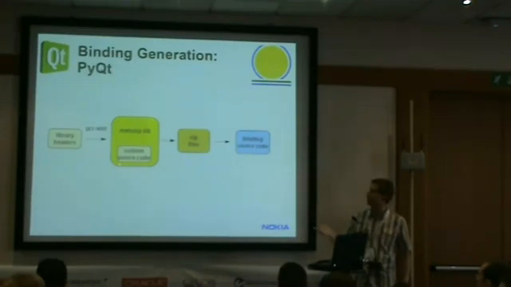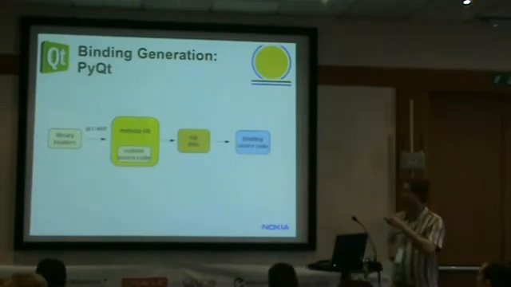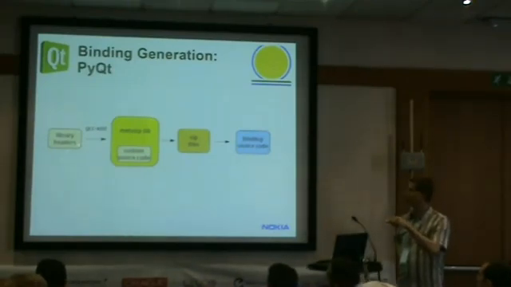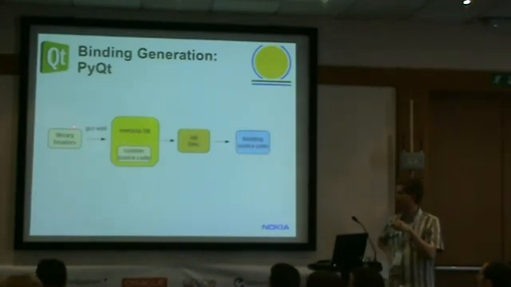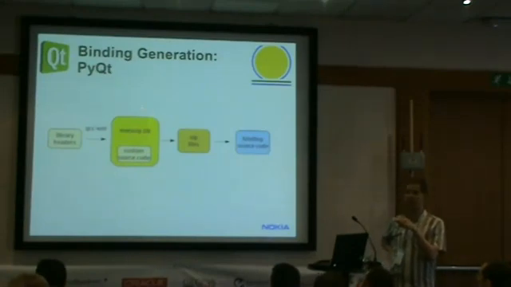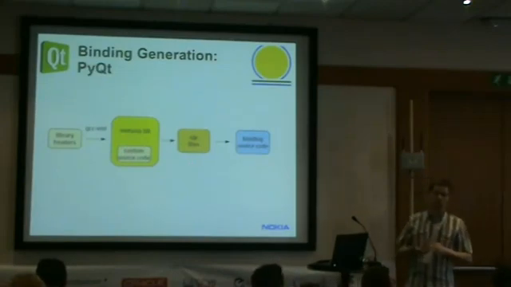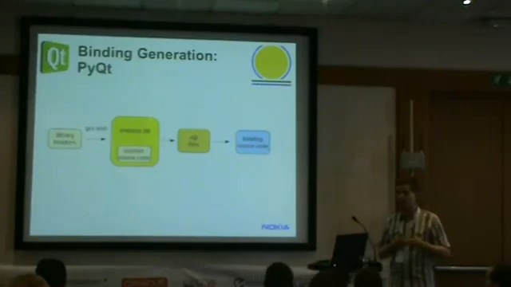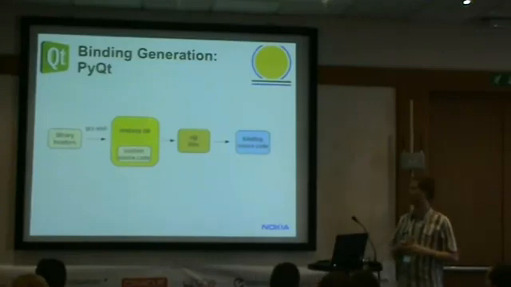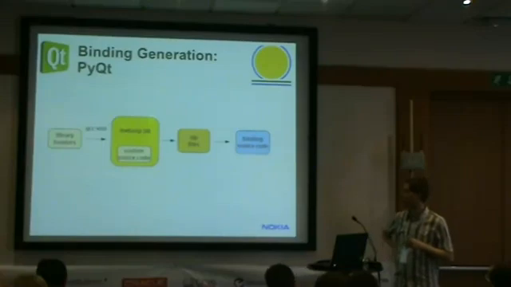It takes in the Qt library headers, processes them with GCC XML, and then uses an internal tool called Metasip and the Metasip database to combine the headers with the custom source code where necessary to create sip files, which are a combination of the headers and the custom source code.